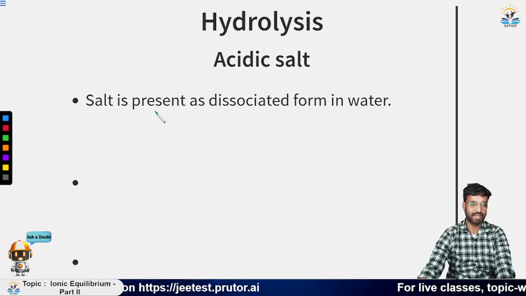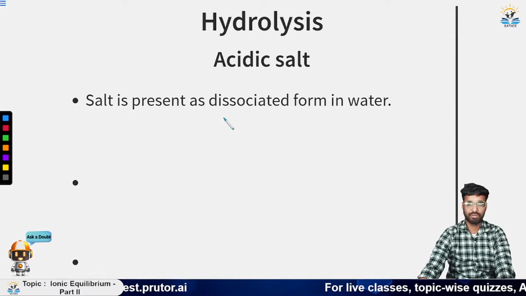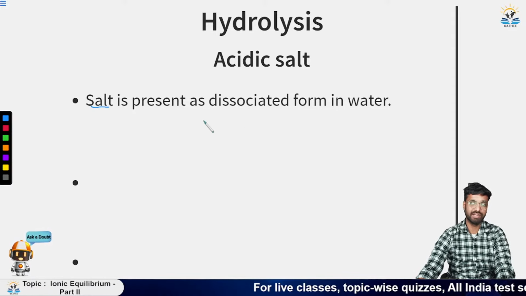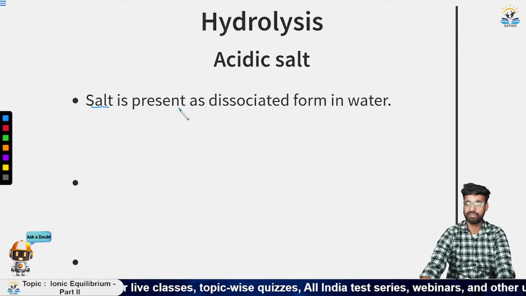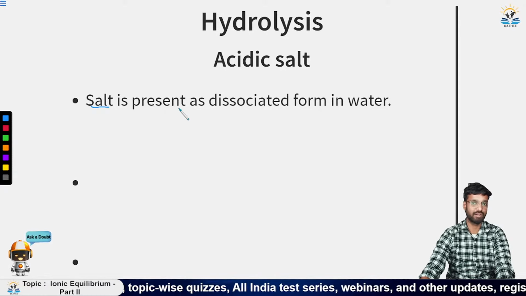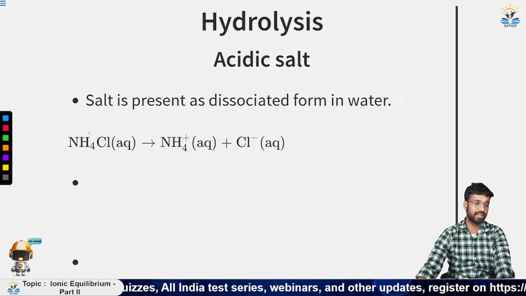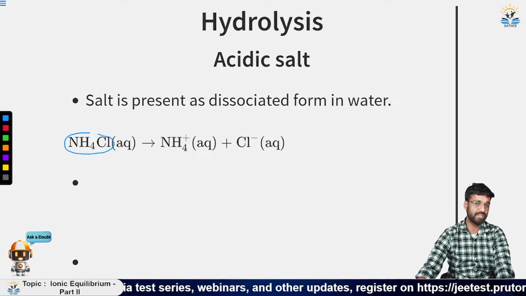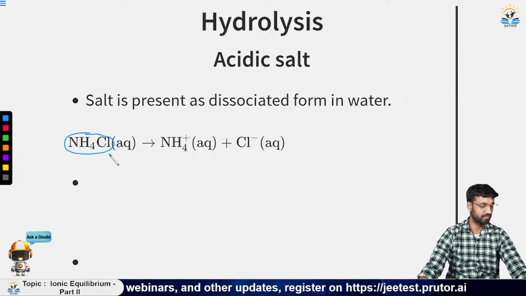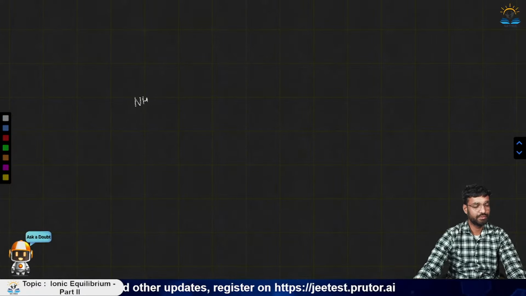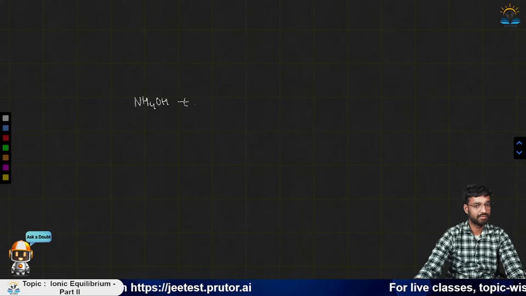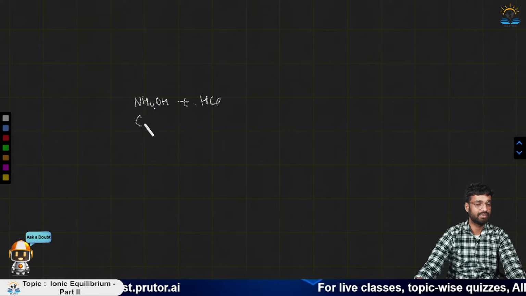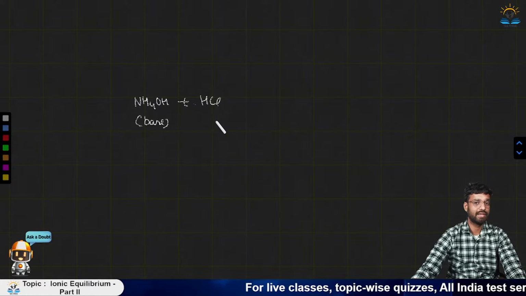Suppose we have a salt. We know that salt is always present in dissociated form, because salt is a strong electrolyte, so it is 100% dissociated. I have told this earlier also. Suppose the salt we are considering is NH4Cl, which is a salt of NH4OH plus HCl, where NH4OH is a base and HCl is an acid.